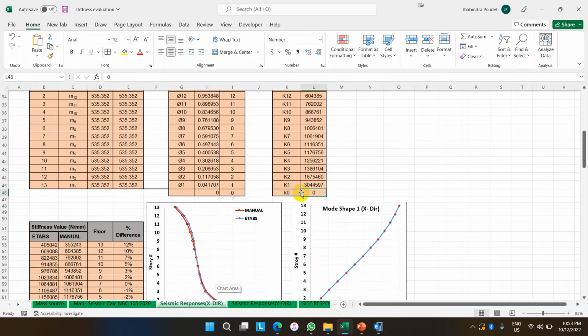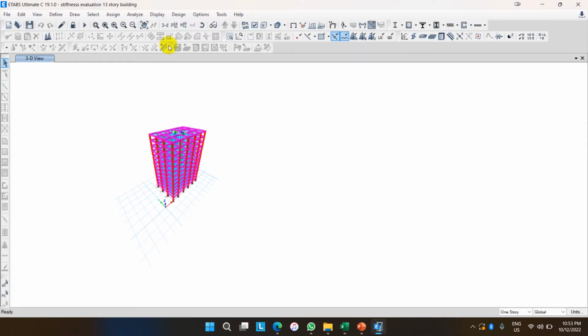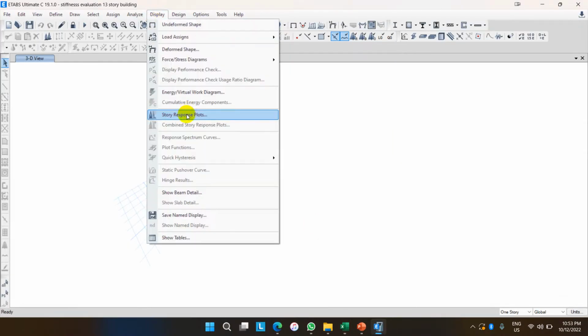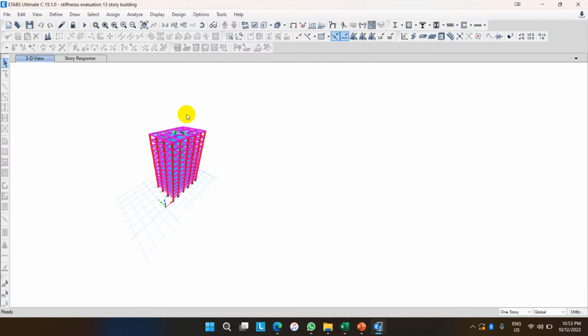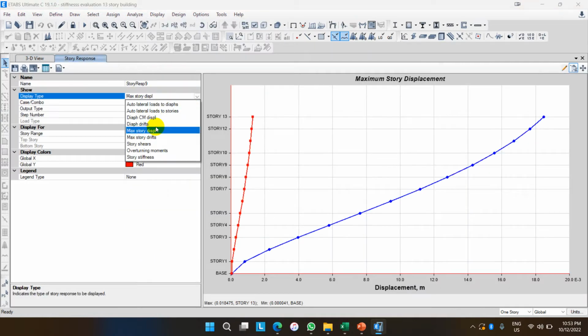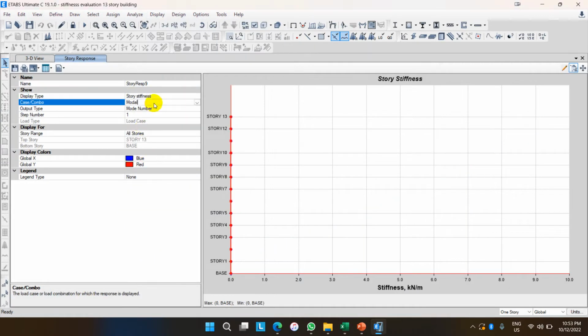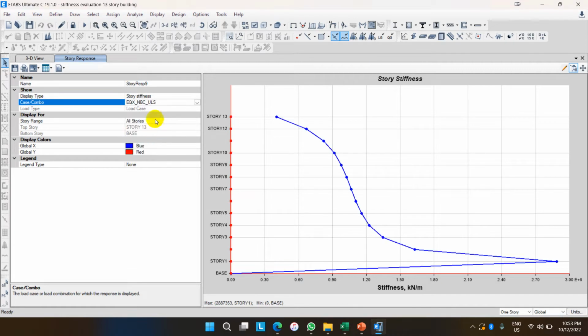And if we turn to ETABS here, the story stiffness can be plotted on the story response plot, story stiffness in the x direction. The load case is equivalent static analysis according to NBC 105:2020.